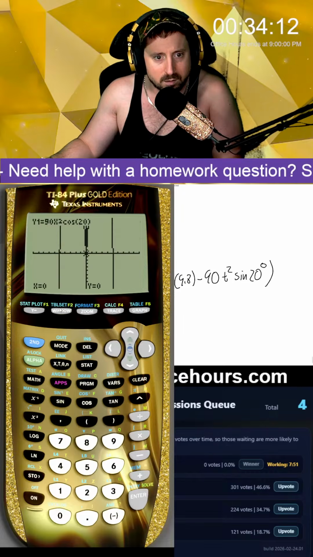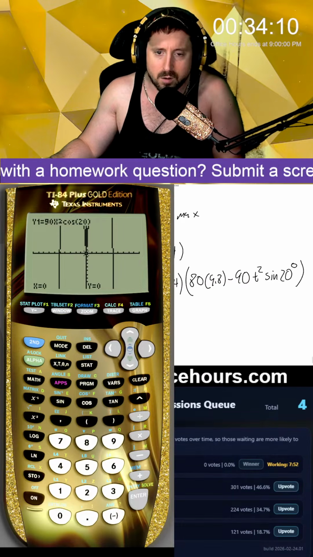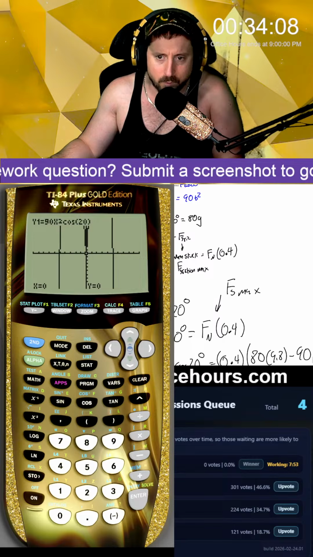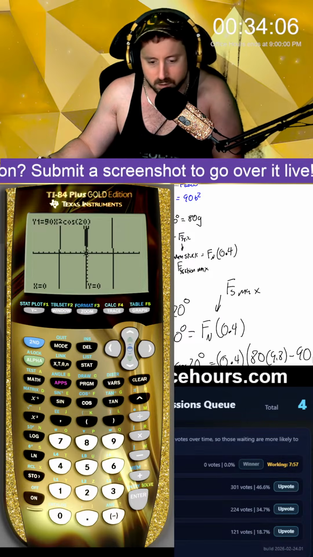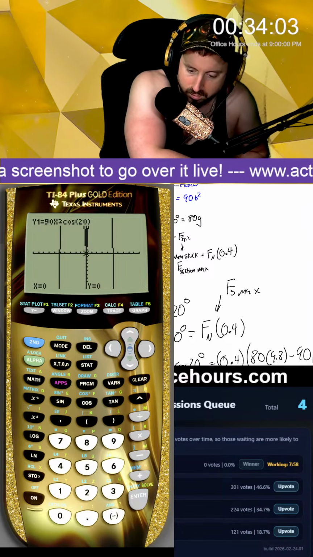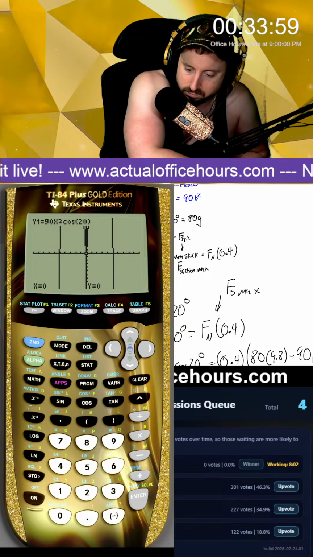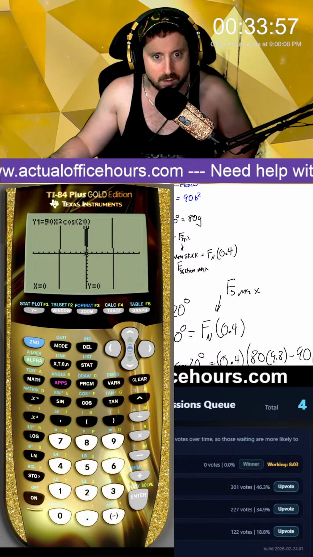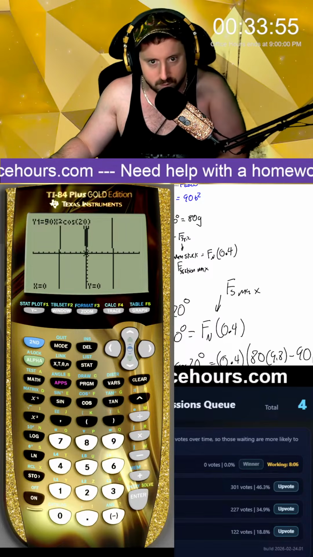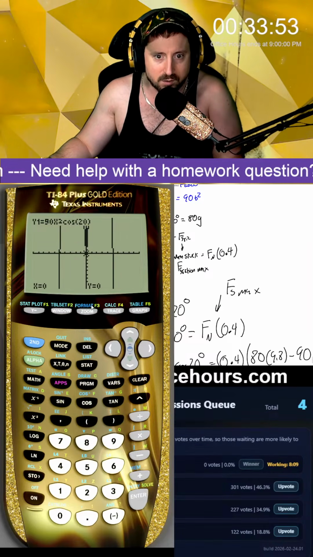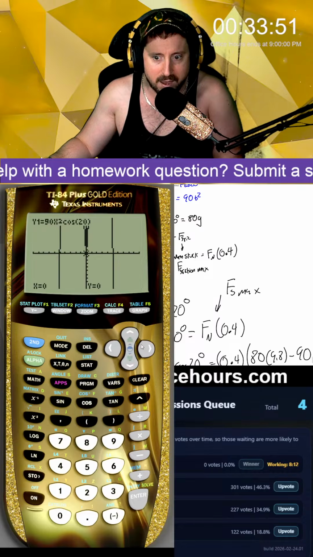Shouldn't the 9.8 be negative? No, because the normal force is equal to mg. Oh, normal force, I see. I was thinking that was gravity. Yeah, it's equal to mg. Oh, I see. Yeah, it does intersect. It's just way up there.